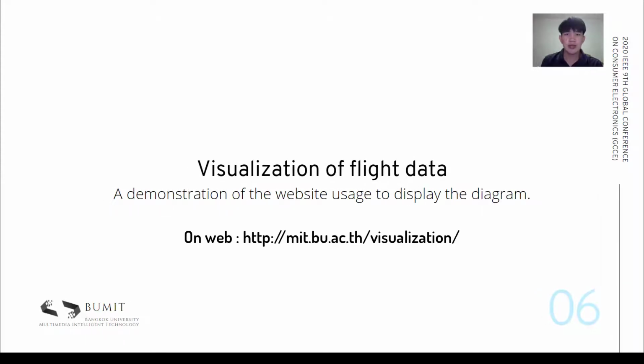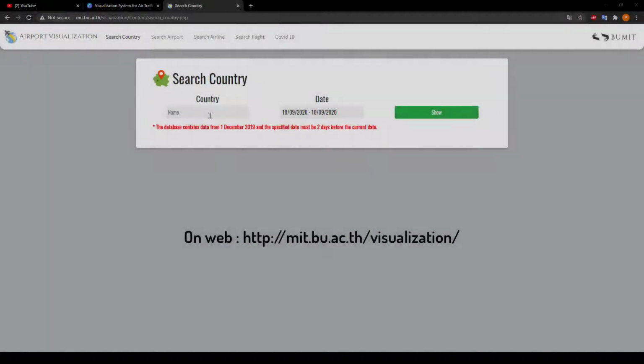Next, enjoy the visualization of the flight data. This is the demonstration of the website used to display diagrams of the visualization. The example is a case of use on the website. This is an airport visualization website.